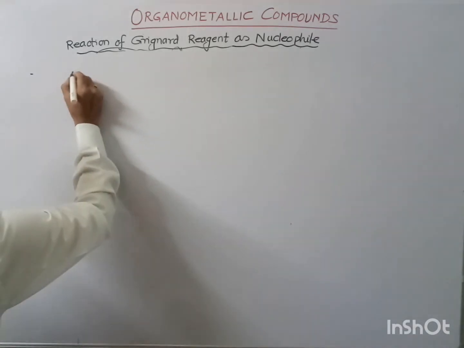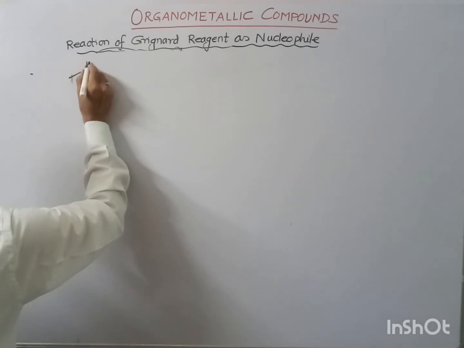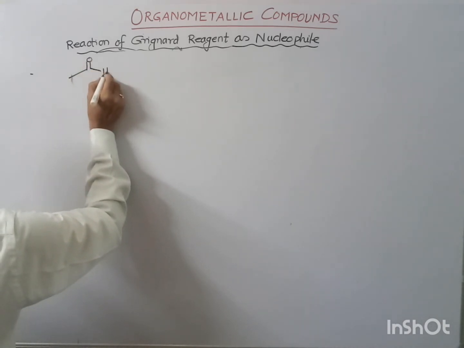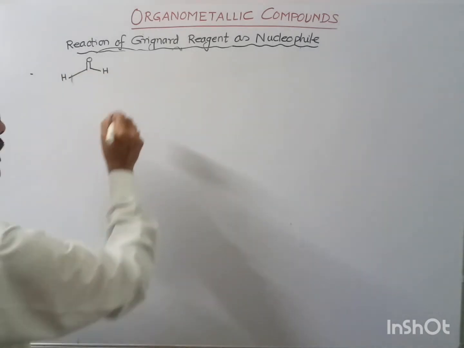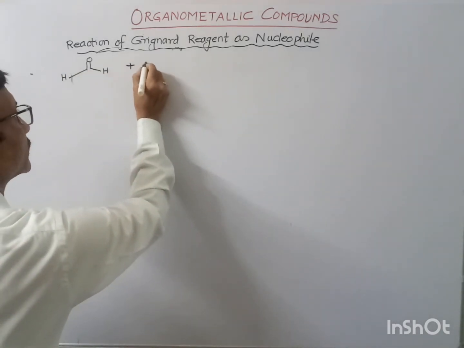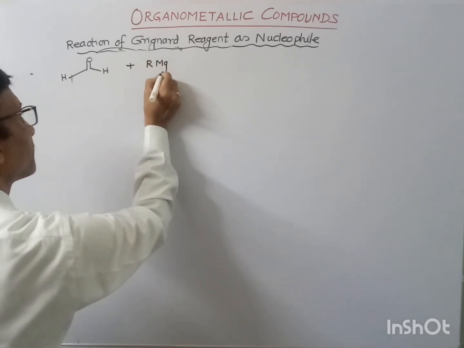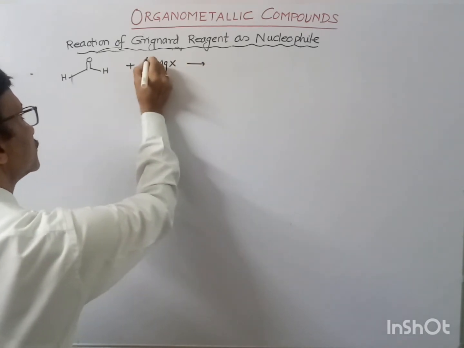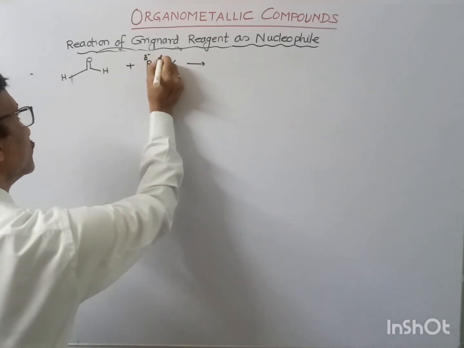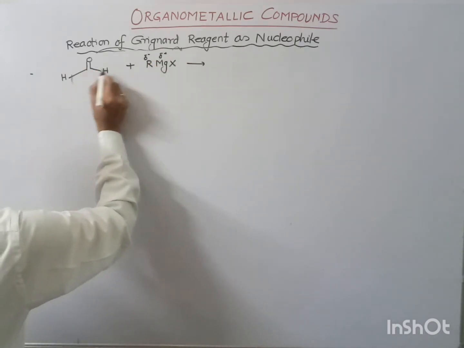So suppose this is our formaldehyde, HCHO, and this is in presence of Grignard reagent. Here it will act as a nucleophile, and this is the electrophilic center.